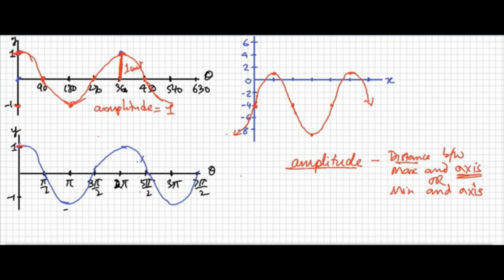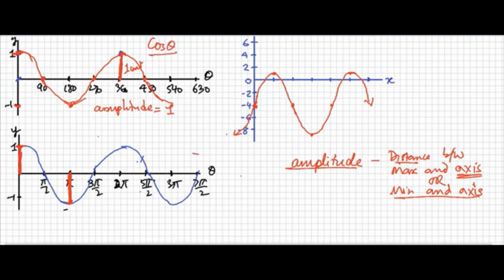This time I'm taking this maximum and axis. What is the distance? 1 unit. Minimum and axis also. So minimum is this and axis. What is the distance? 1. So this is so easy and so straightforward for a basic cos theta graph, right?